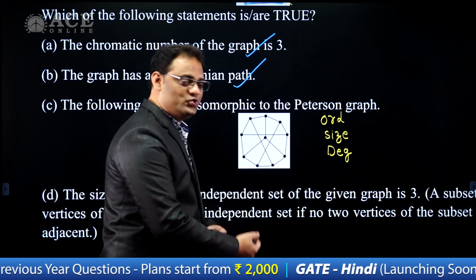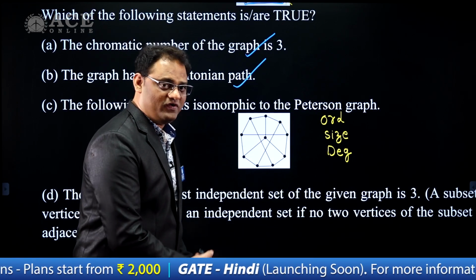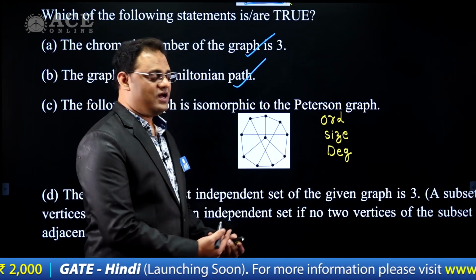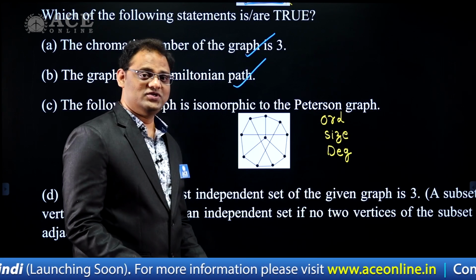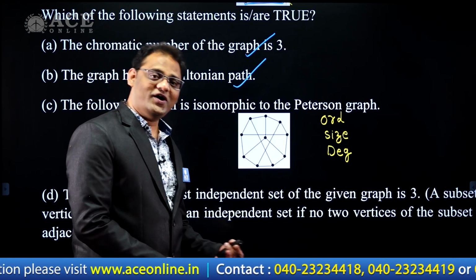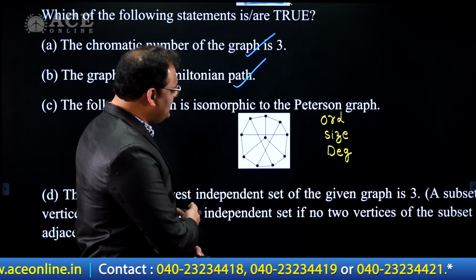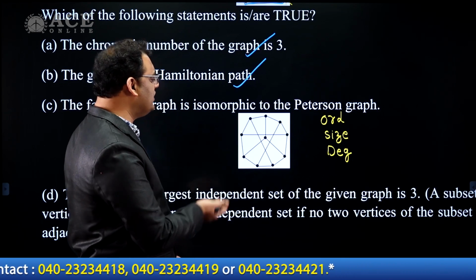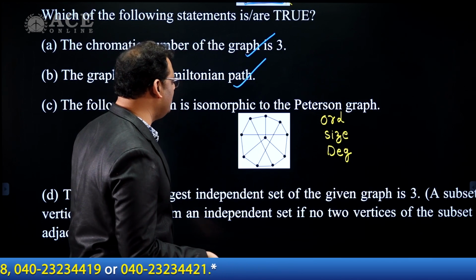We should analyze the two graphs in this way, right? Number of vertices, number of edges, degree sequence, number of cycles, number of even length cycles, number of odd length cycles. You see in any format that the two graphs are going to be isomorphic, no doubt at all.